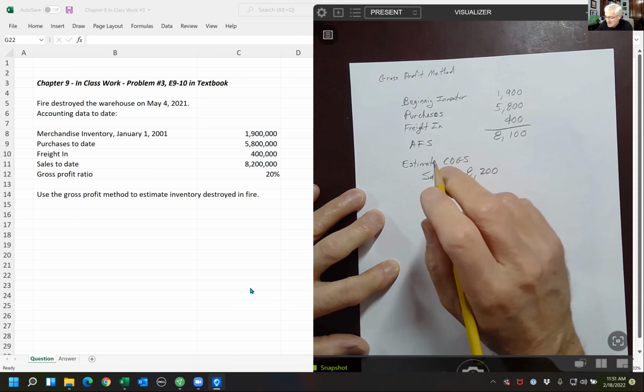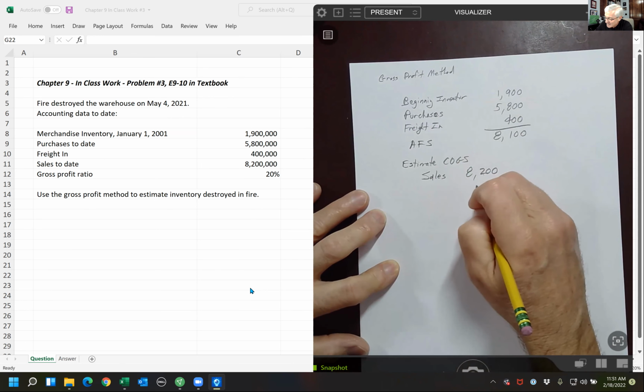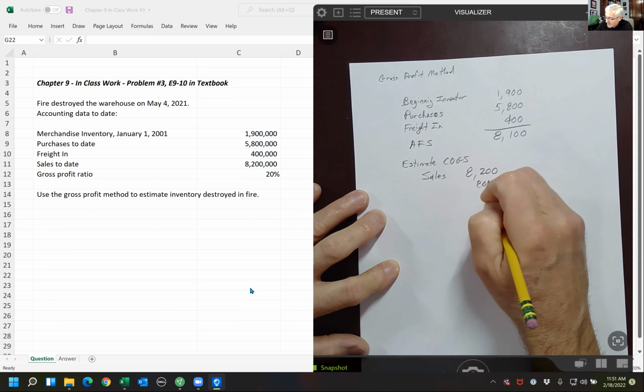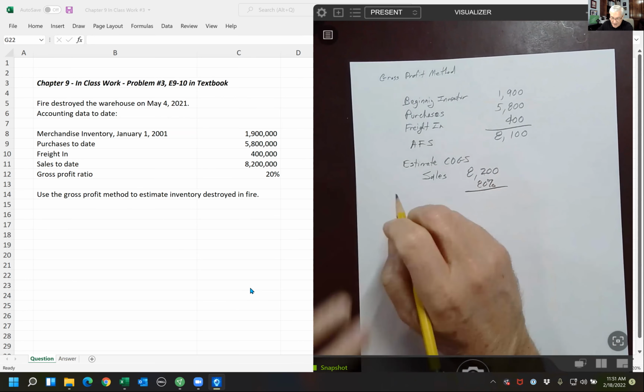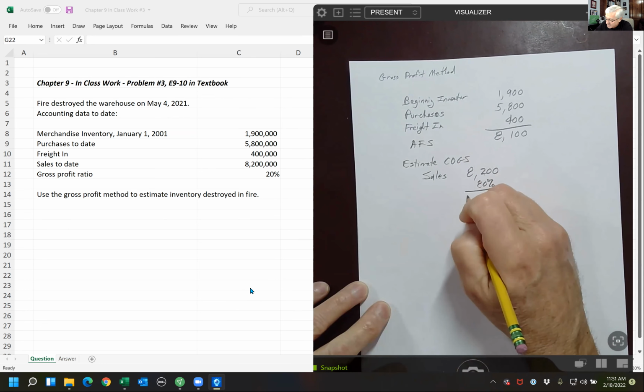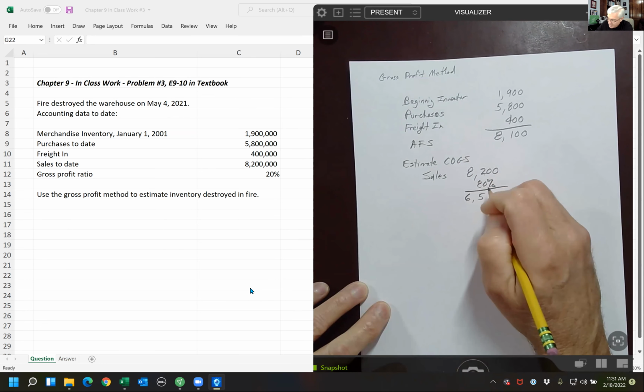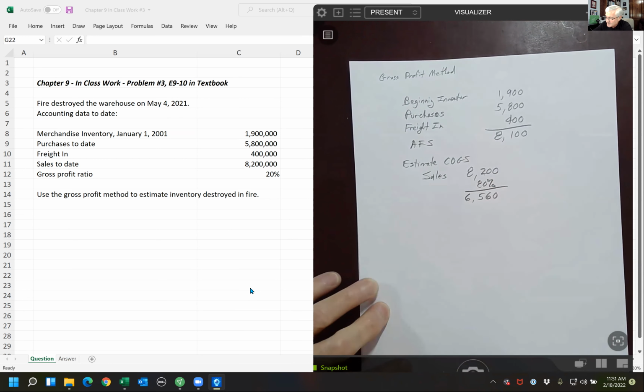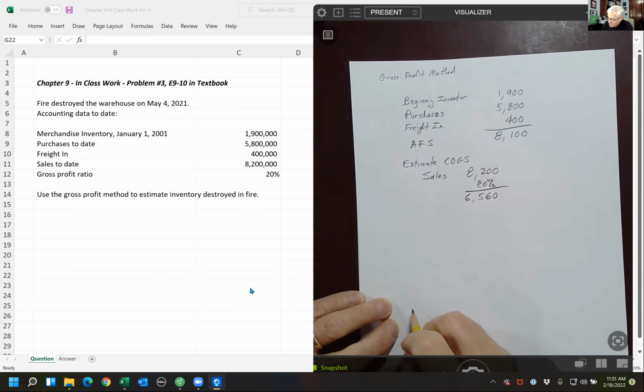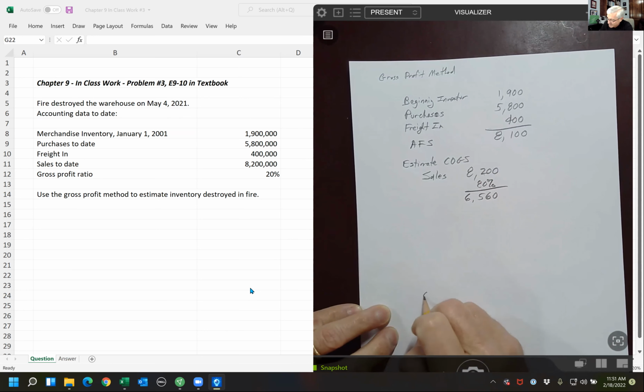I'll prove it out to you in a minute. So 80% of 8,200 is 6,560,000. Let's go see if that was right. So we looked at the financial statement of 8,200 minus 6,560.